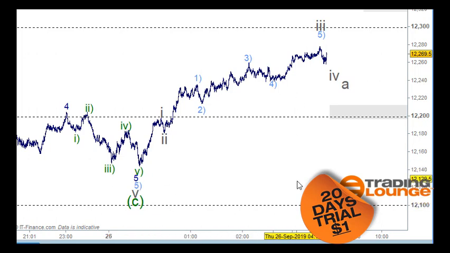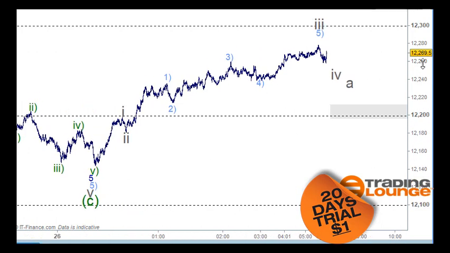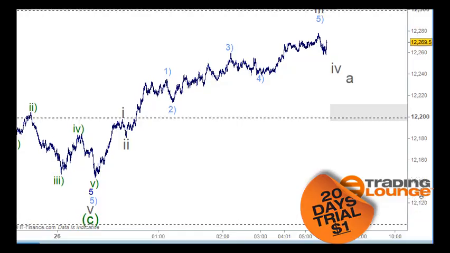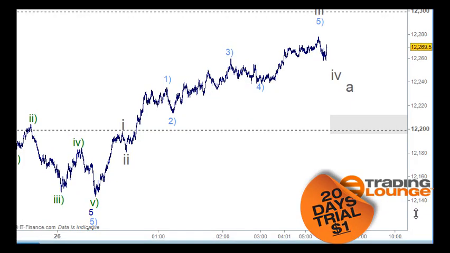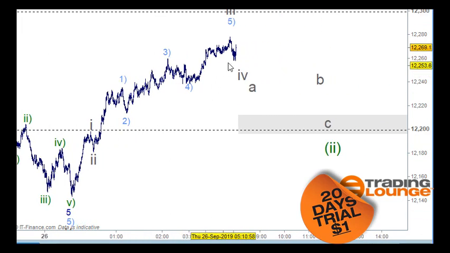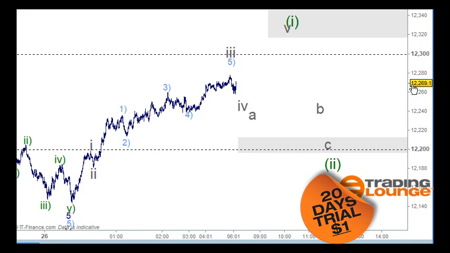So this whole move up can still be corrective, but the S&P 500 has got 5 waves in that structure. In this case, we've got 1 and 2 here, then 1, 2, 3, 4 and 5 here, the 3rd wave here. So I'm looking for a little 4th wave here, and then a 5th wave higher.